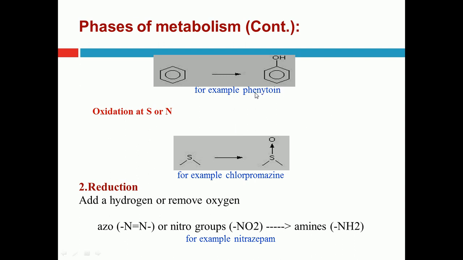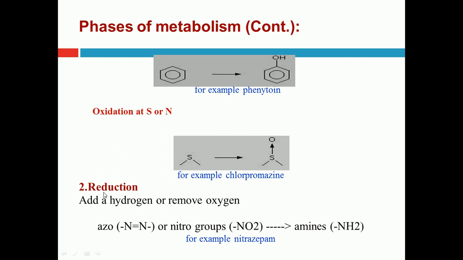This has an aromatic ring, and an oxidation reaction occurs to metabolize this drug in phase 1. Then at the S or N position, for example a sulfur containing drug, the addition of oxygen at the sulfur will cause its metabolic phase 1 reaction. An example of the drug is chlorpromazine.